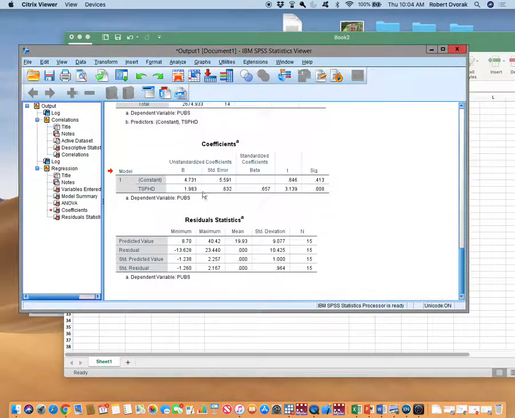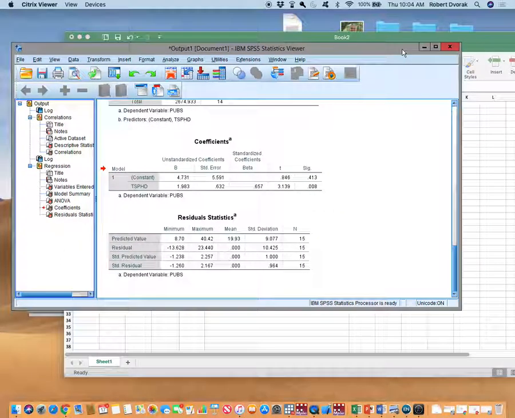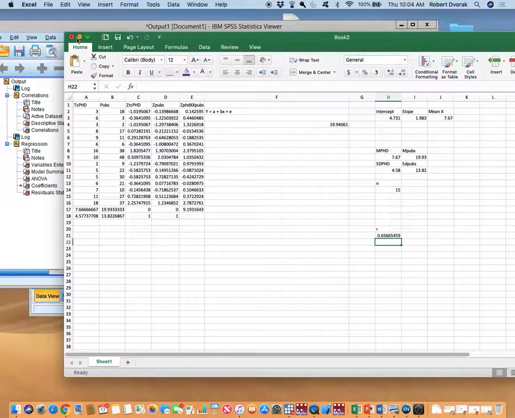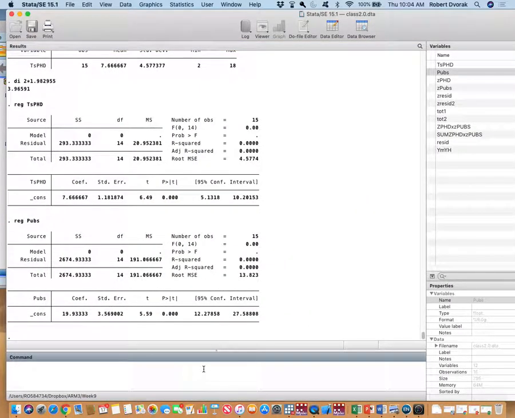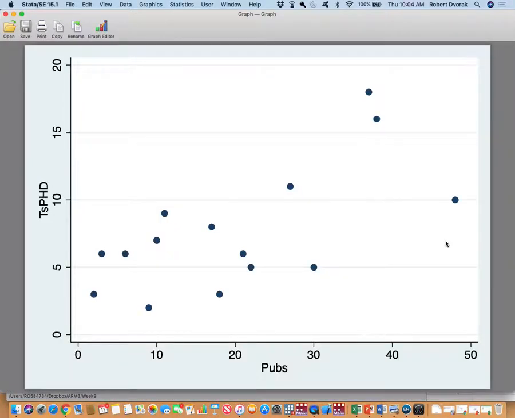Let's flip back over and let's look at SPSS. I'm going to do this in Stata just real quick because I know how to do it fast and easy. But if we look at a scatter plot of these things, that's what our scatter plot looks like, right?